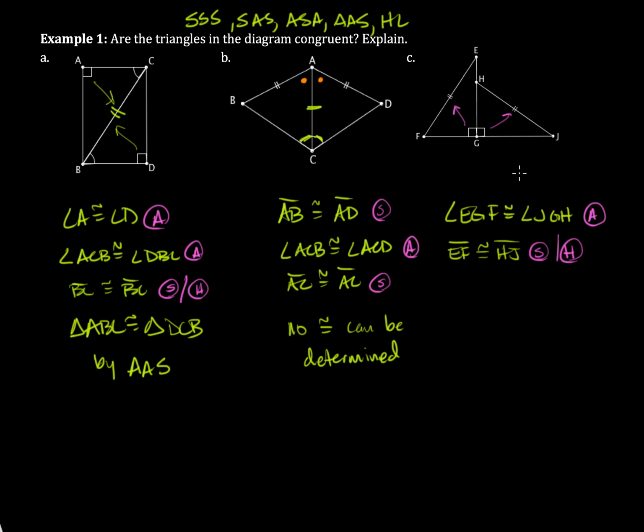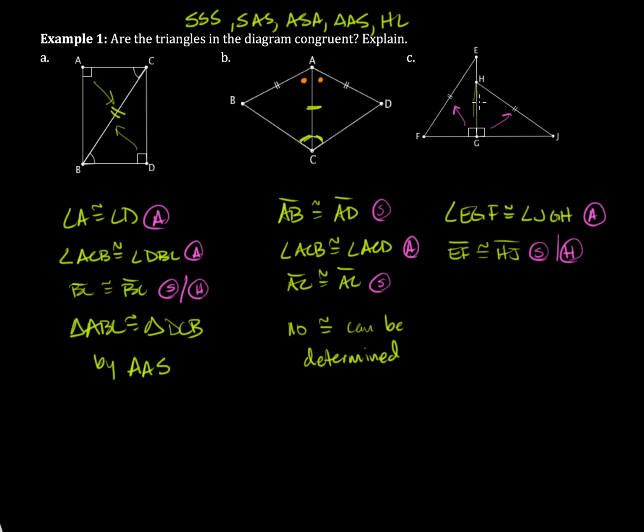Then do I have anything else? Is there anything else in this picture that's on my watch out list of things that could be congruent? Well, some people might think I have shared parts because these triangles are kind of back to back to one another, but I don't really have shared parts. I have HG congruent to itself, but HG is only a part of this triangle over here on the right. I could say that EG is congruent to itself, but EG is only a part of the triangle on the left.